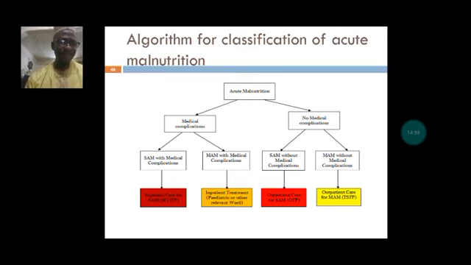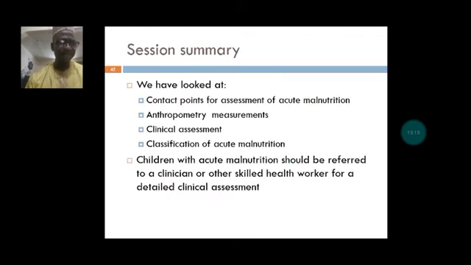The severe go to inpatient care, while the MAM with medical complication will go to inpatient treatment, and the severe acute malnutrition with medical complication will go to the inpatient care unit. At the same time, we have acute malnutrition without medical complication. The one without medical complication will go to OTP, outpatient therapeutic program.